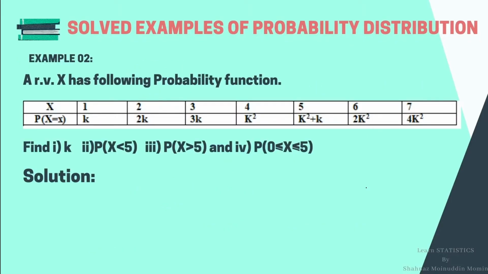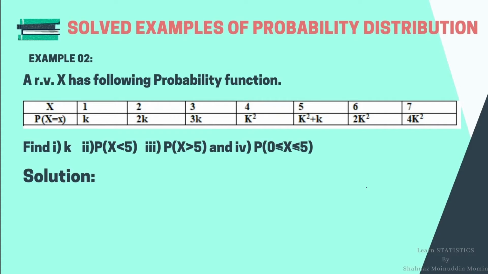We shall start with second example of probability distribution. Already we have completed one example of checking whether the given function is a probability mass function or not. In this example 2, we are given a probability mass function, but we have to calculate the value of a certain constant k from the PMF, probability function.